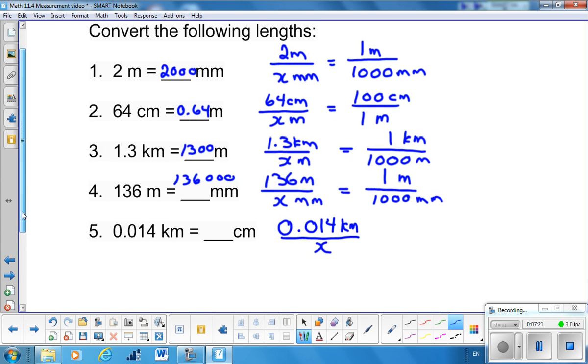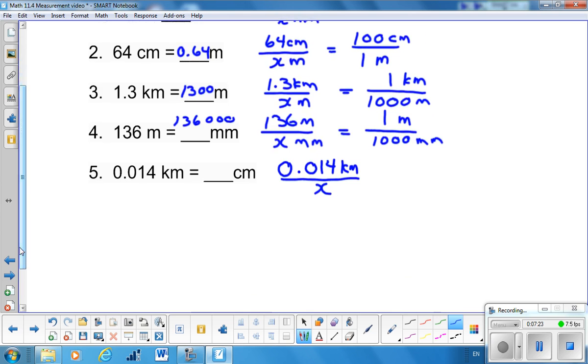Now, we may not have a conversion factor on your sheet for centimeters, so we can change it to meters first. If we change to meters first, I know that 1 kilometer is 1,000 meters. That means that I'm going to end up multiplying 0.014 times 1,000, and I end up with 14 meters.